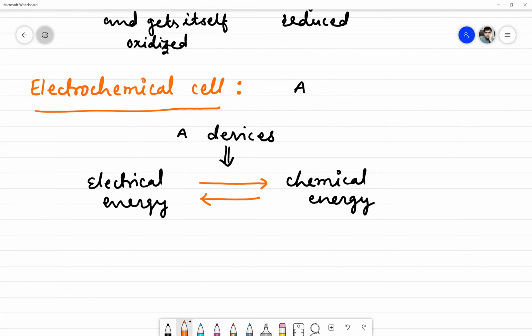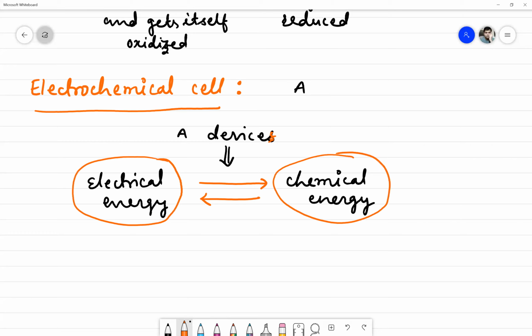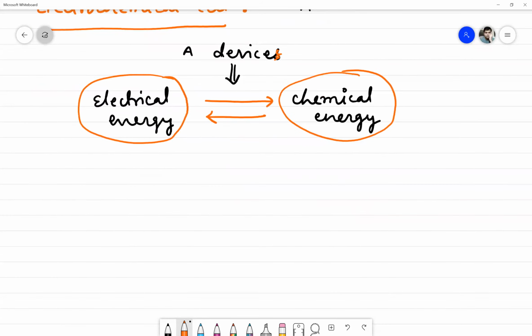So what is the electrochemical cell? The electrochemical cell is a device which is used to convert electrical energy to chemical energy and chemical energy to electrical energy.